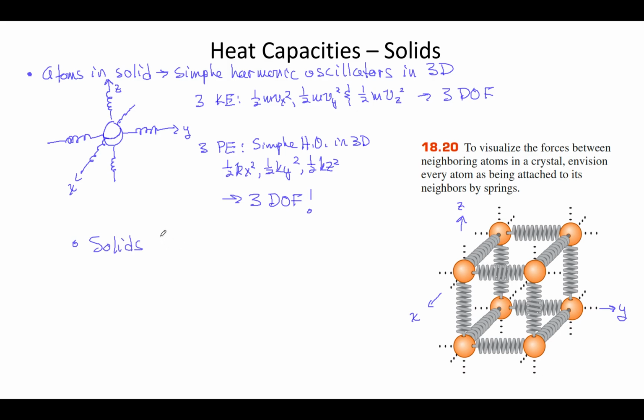So solids, generally, basic solids, have 6 total degrees of freedom. And as we found, each molecule or atom will have 1/2 kT for each, so it'll have 3 kT.